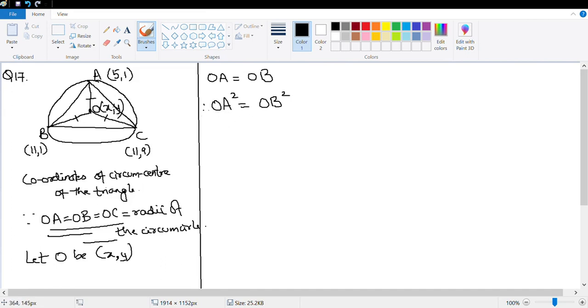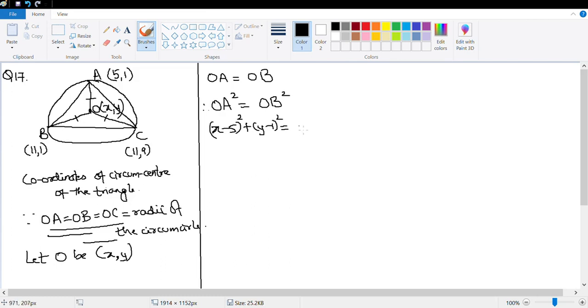So OA square is x minus 5 whole square plus y minus 1 whole square. Like I said, I always prefer to keep the variable as the first term, subtracting something. And what is OB square?